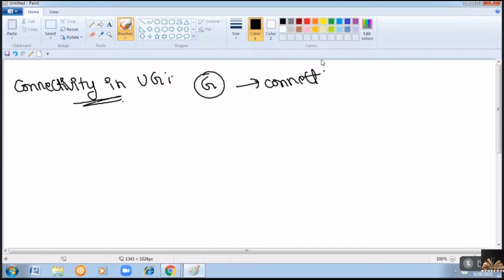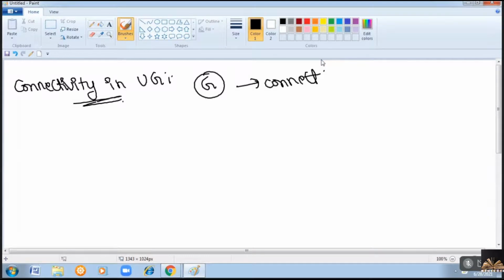If every vertex is reachable from every other vertex in the graph, then we can say that the graph is connected.